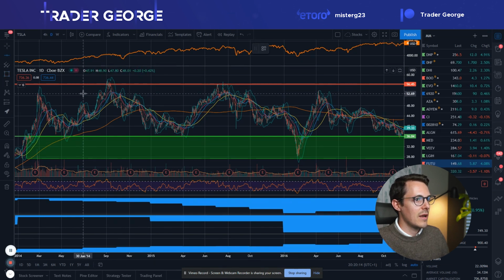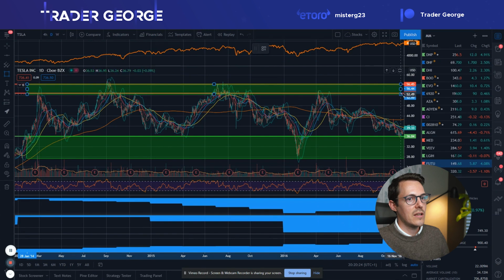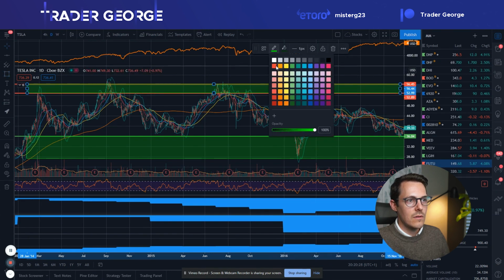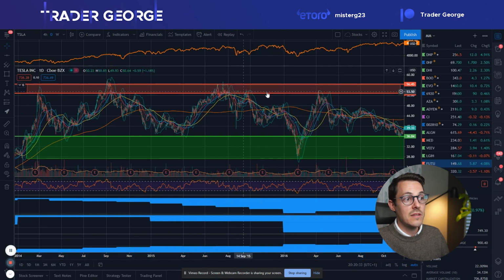So let's say around here, and you can fill this in with a rectangle if you'd like, and you just get a clearer picture that this is actually an area of resistance.